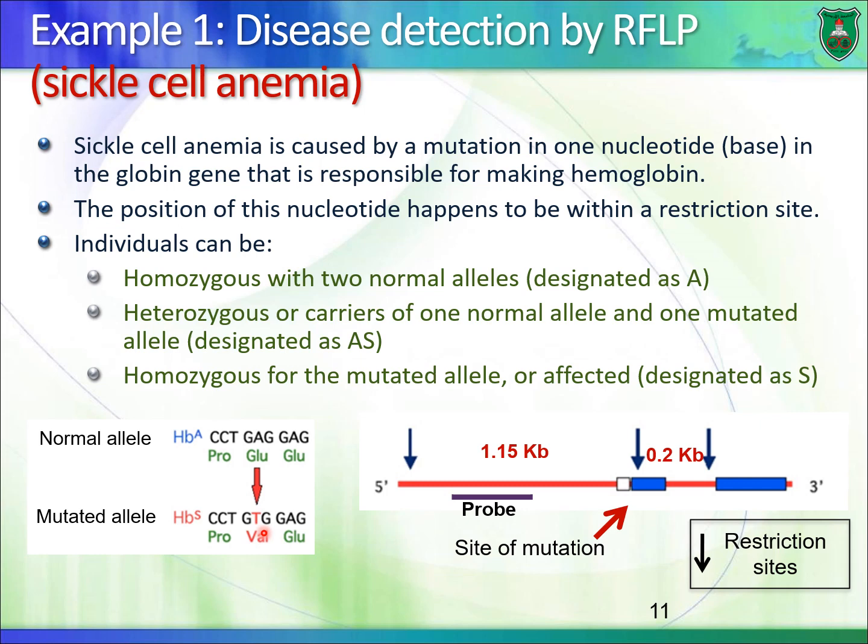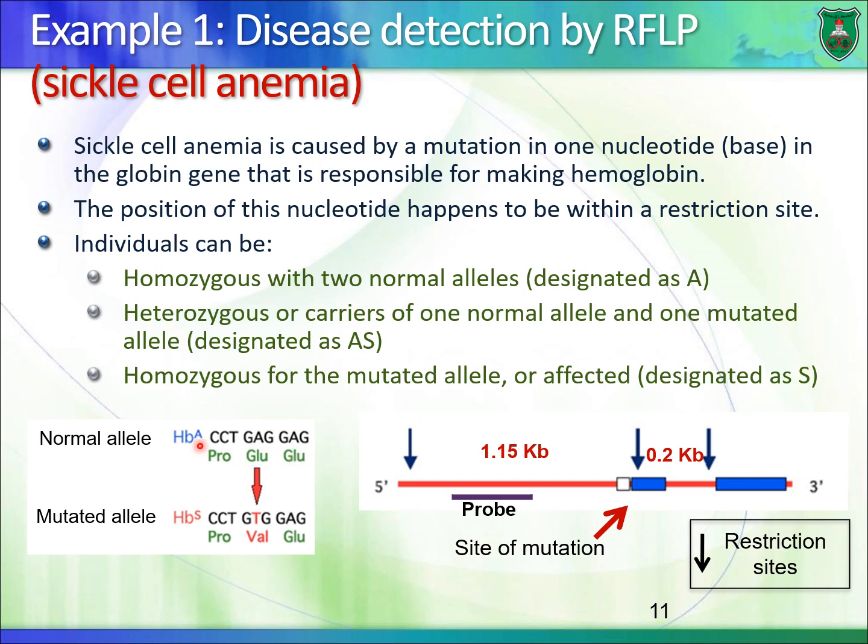Now that causes sickle cell anemia, a disease that we will talk about a bit in the biochemistry course. So in order for a person to have the disease, this person must have both alleles, that is both chromosomes, having GTG. A normal person would have GAG on both alleles, on both chromosomes.